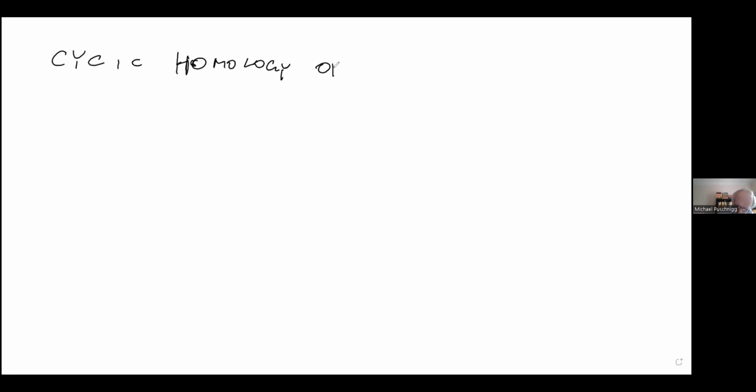Homology of cross products. Now, what is this? There's a problem with my cross products. So maybe it will go away if I write essentially on the center here.